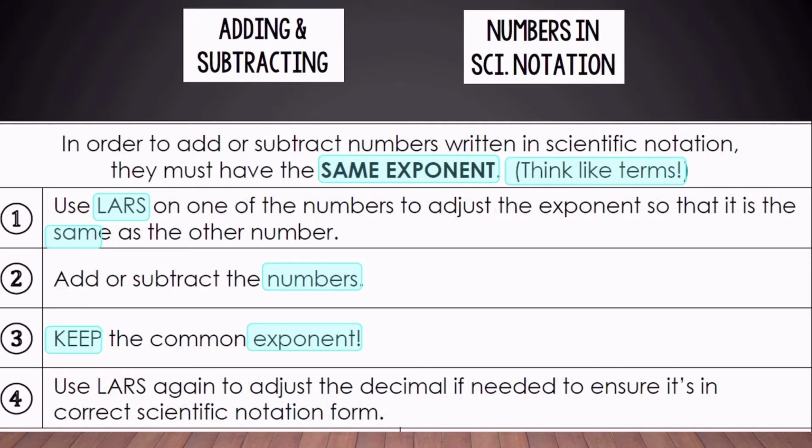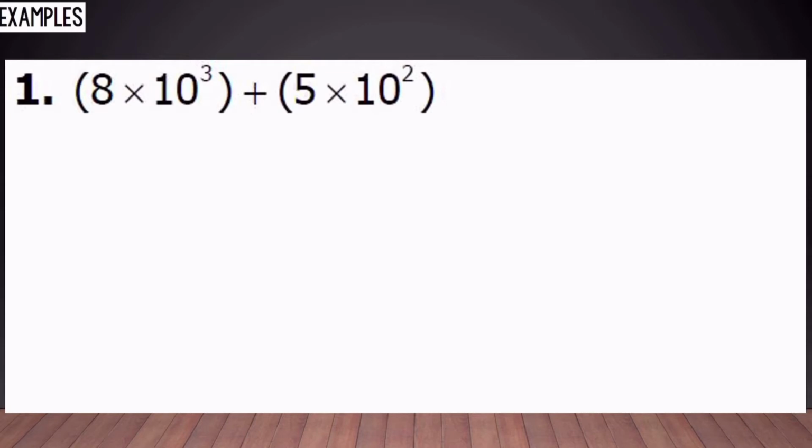So it's just like terms where you would add the coefficient and then write the variable. So think of our 10 to the power of whatever as a variable this time. Now at the end, you might have to use that LARS again to bring the decimal point properly back so it's written in scientific notation. Let's see what that looks like.